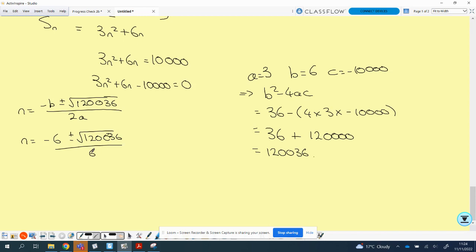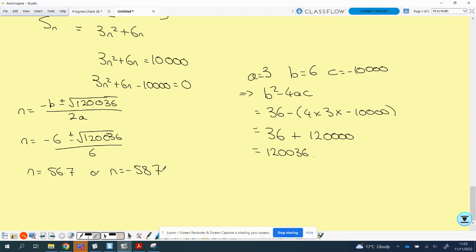And solving this, you get two values, n equals 56.7 or n equals negative 58.7. So we've got our two values there.